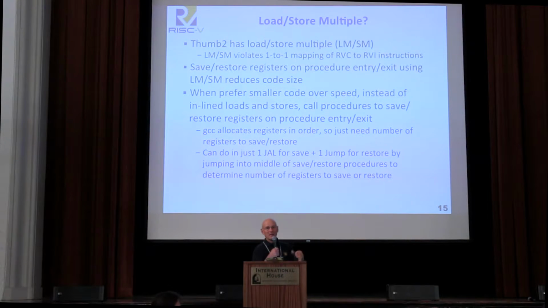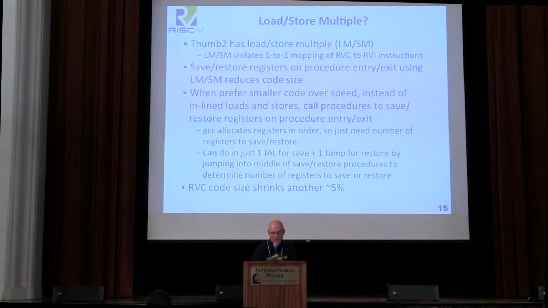You can do that at the cost of one 32-bit jump and link and one 32-bit jump in the code space, and then you jump to the place where you're going to save and restore. And if you have a sequence of 8 register saves in a row, you can just jump into the middle to get the last 4 of them. So that's how it's done.